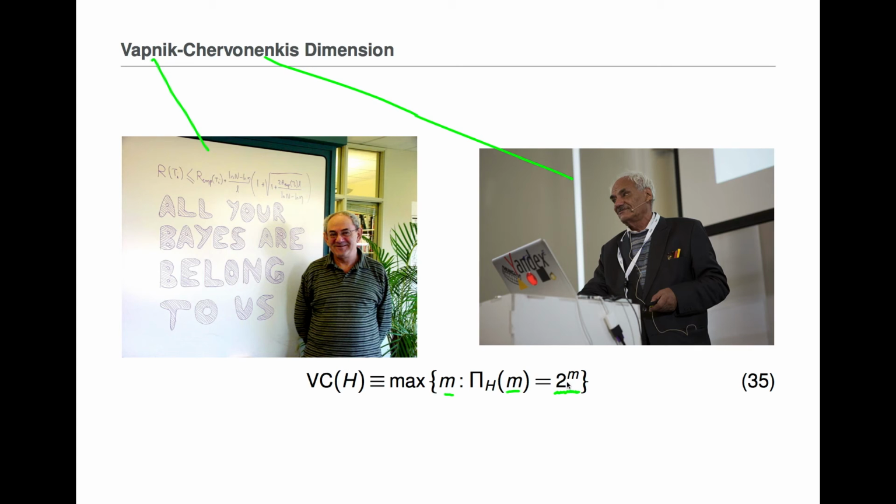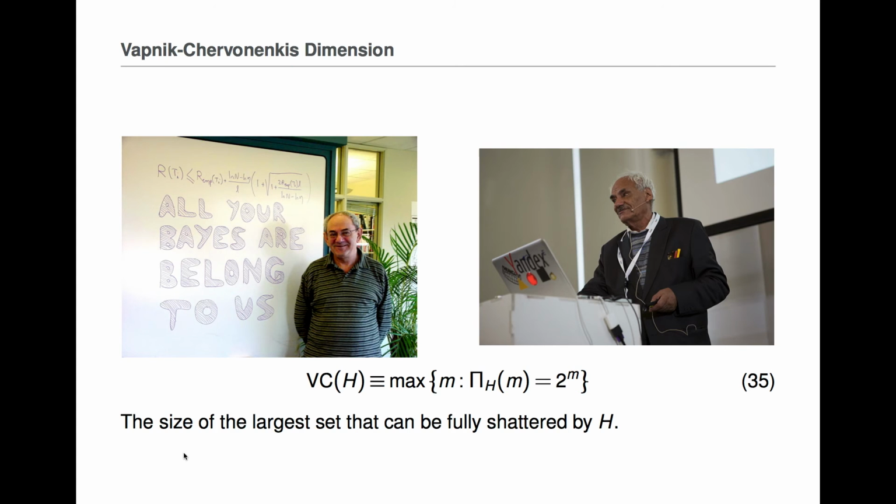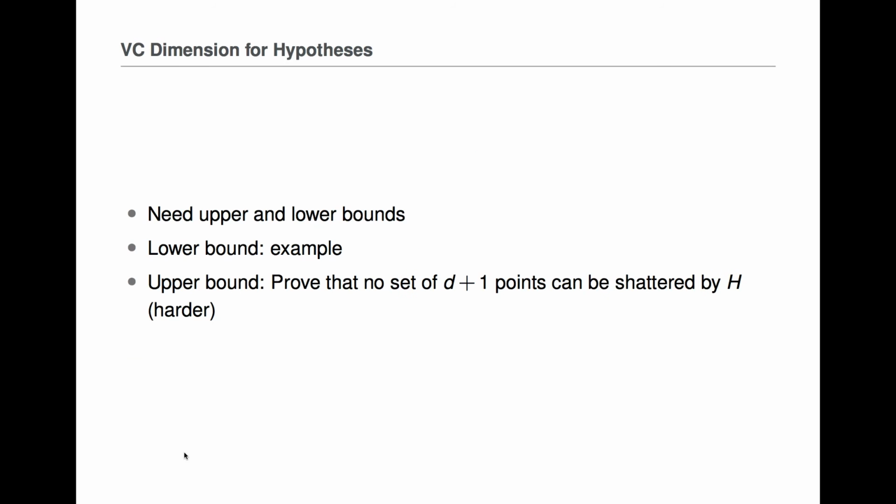That is, no matter how you have labels assigned to those examples, your classifier will be able to recreate that labeling. This is another way of expressing the complexity of a hypothesis class. And so what we're going to be doing is proving the VC dimension for various classes of hypotheses.